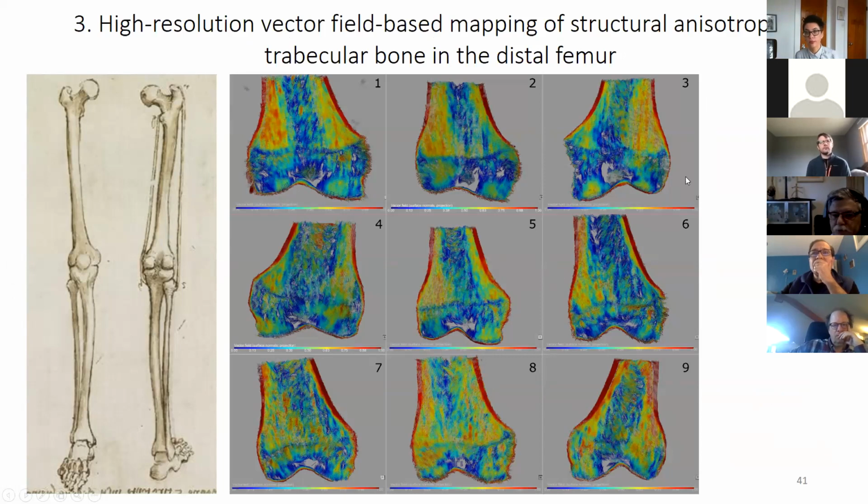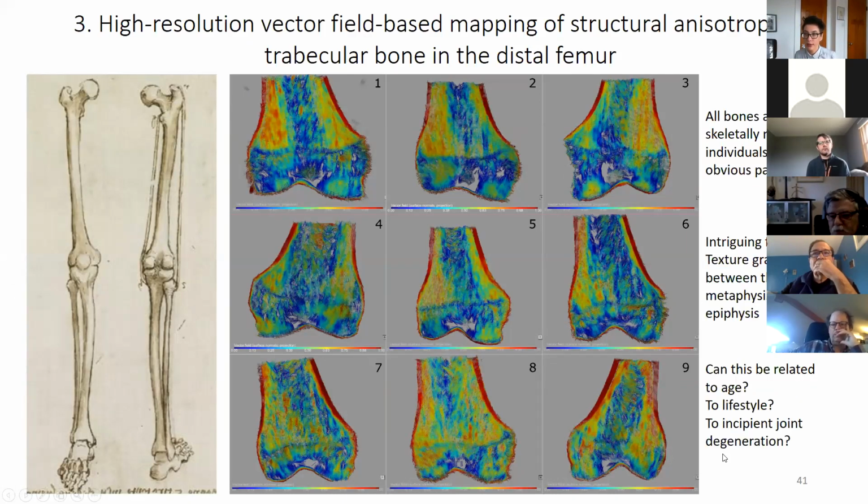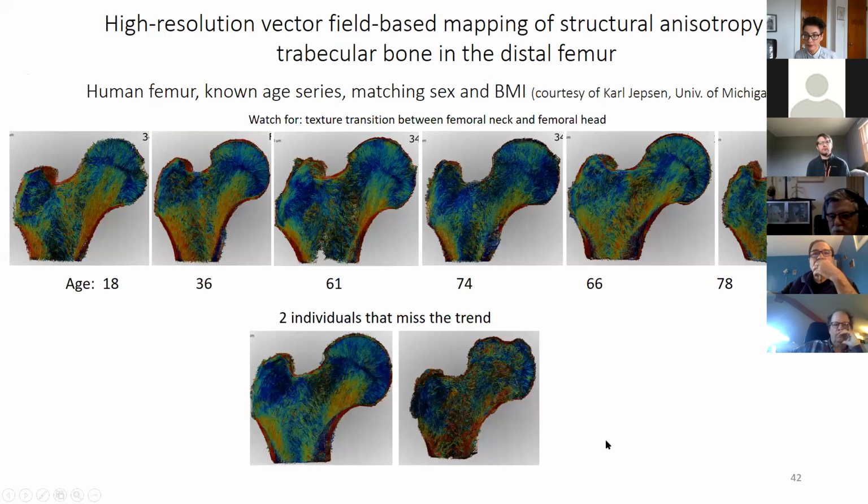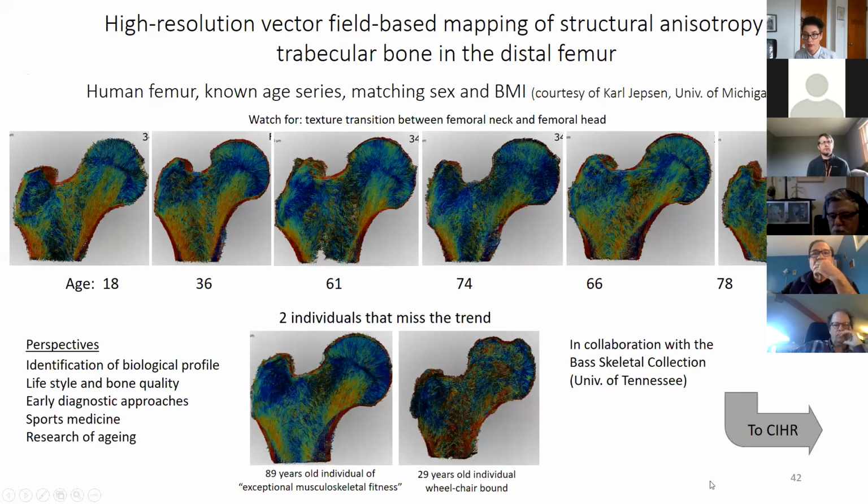I would also like to develop, I will be really brief now, an application for the anisotropy mapping algorithm as a way to monitor the effect of lifestyle and physical activity on the textural adaptation of bone in human knees, as a joint project with the skeletal collection of the University of Tennessee. And that will be submitted to CIHR. So that's all. Thank you for your attention.